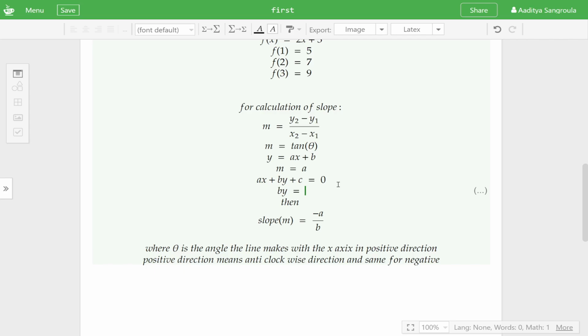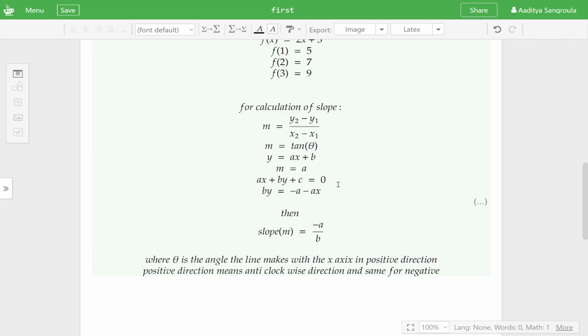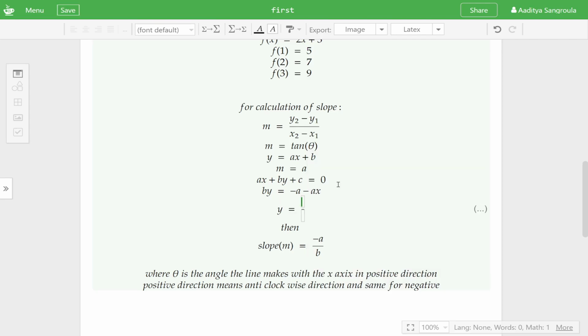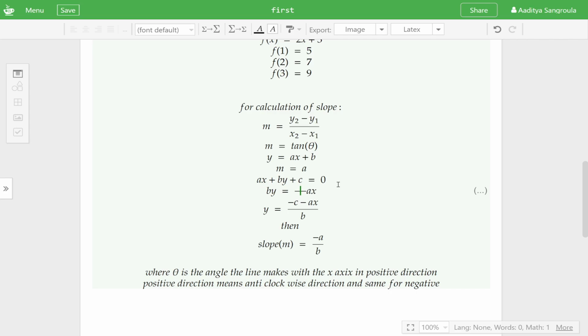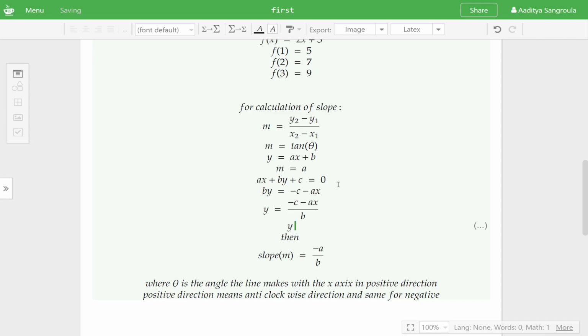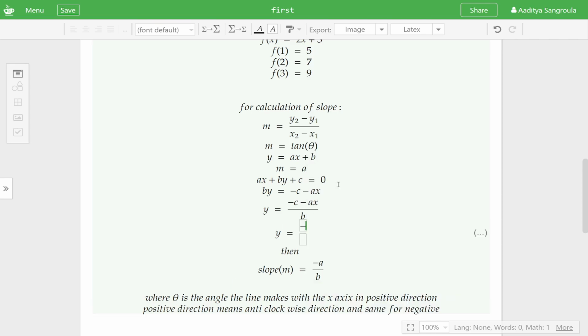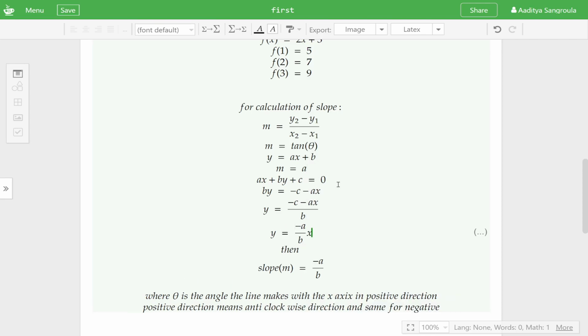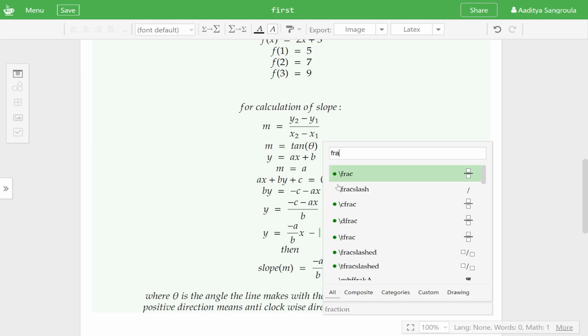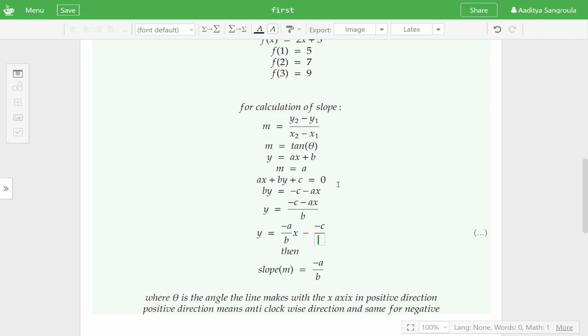So by equals minus c minus ax, so y equals negative c over b, and this can also be written as y equals minus a over b x minus c over b.